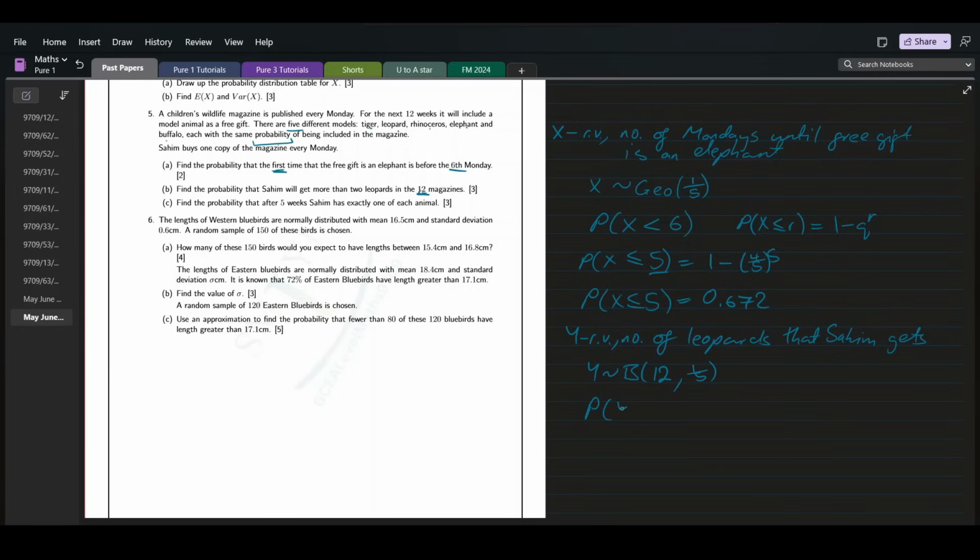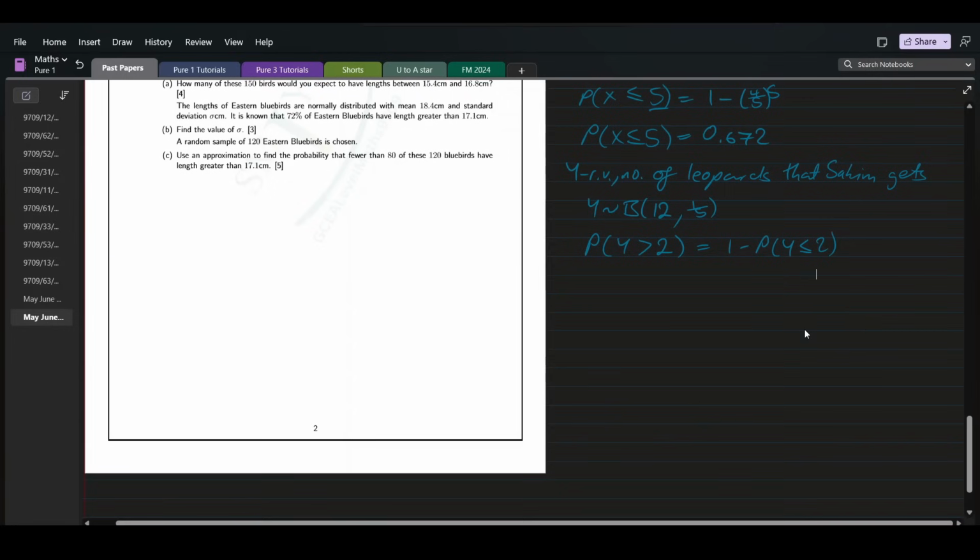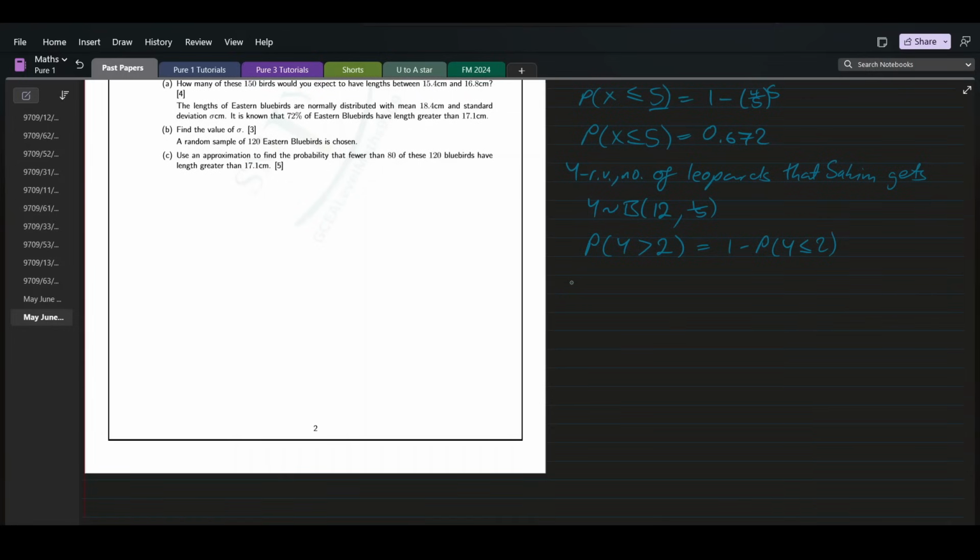We want the probability that Sahim will get more than 2 leopards, so Y greater than 2. And we can calculate this by saying 1 minus the probability that Y is less than or equal to 2. And let's use the formula for binomial probabilities.